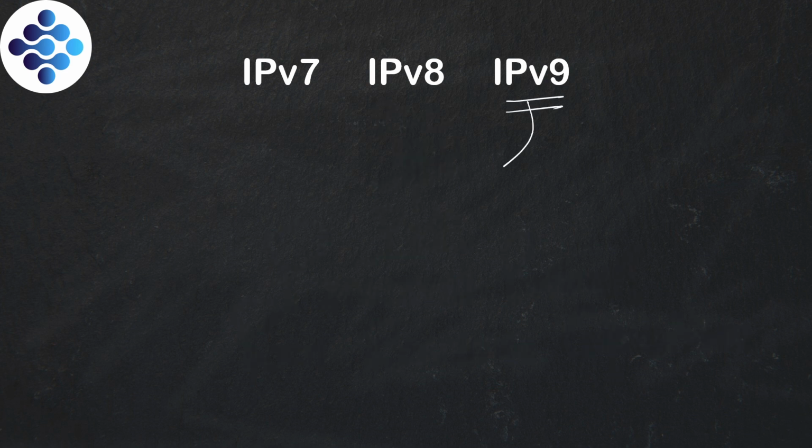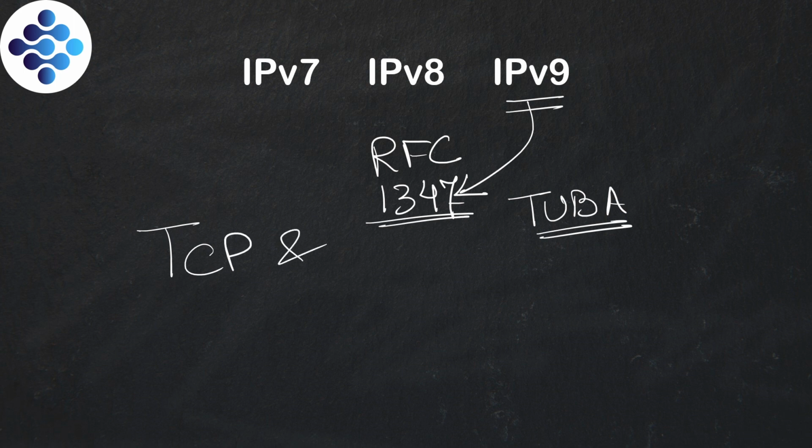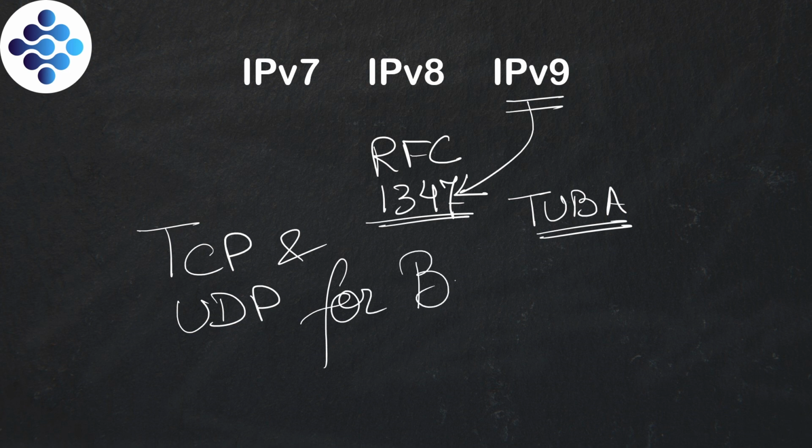IPv9, which is RFC 1347, and it is also called TUBA. Now this TUBA is TCP and UDP for big address.